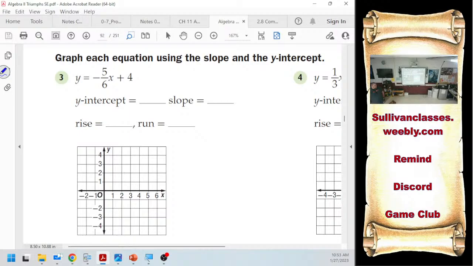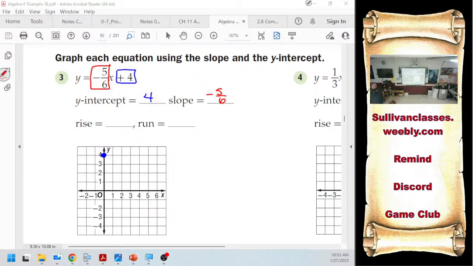Look at number 3. What's my y-intercept? What's in the B spot, right? So where am I putting my first dot? It's important that we say 0, 4 or 4 on the y-axis. The slope is -5/6.